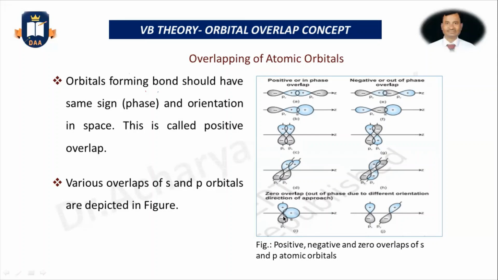And when two different types of orbitals penetrate each other, in this case the p orbitals with the s orbitals, it is zero overlap, or it may be called out of phase due to different orientation and direction of approach.